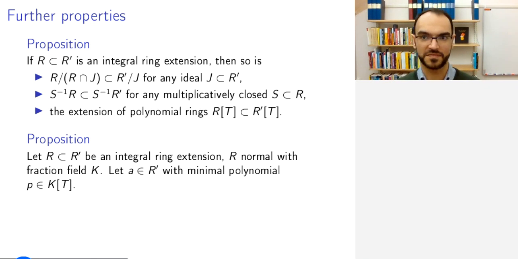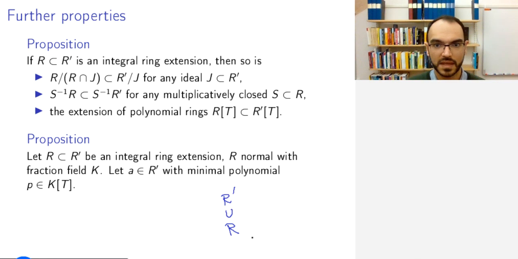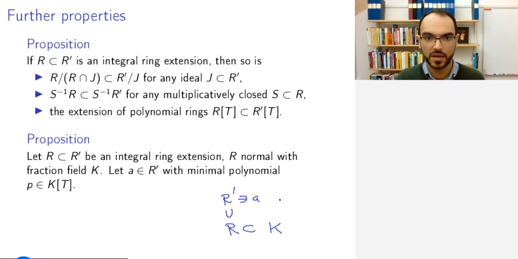This proposition simplifies this. It says the following: if you have R, a ring extension into R prime, and assume that R is normal, this includes the statement that it is an integral domain that is integrally closed in its field of fractions K. And assume you have an element A in R prime with the minimal polynomial P over K. So the minimal polynomial is a monic polynomial with coefficients in K of the smallest possible degree that A satisfies.